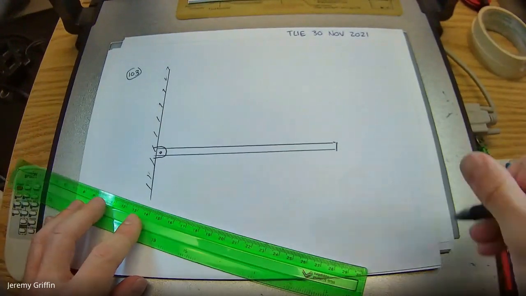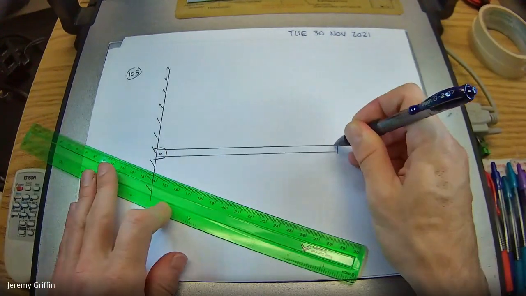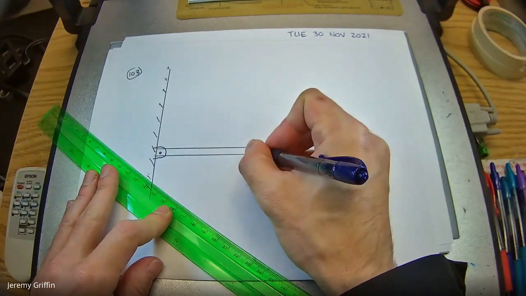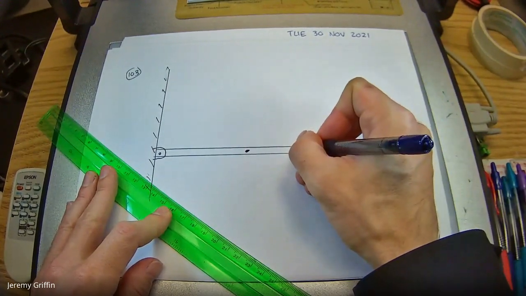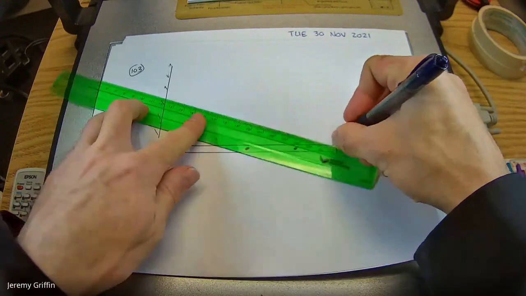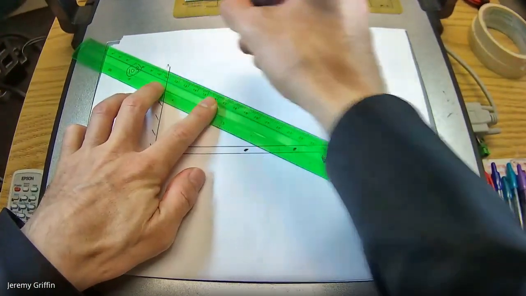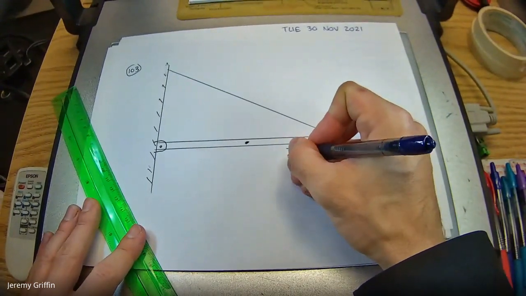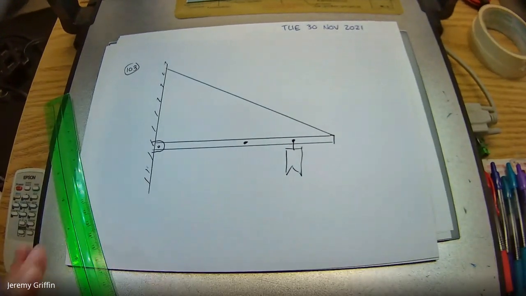The beam has a weight and a center of mass, which is right there. There's a banner some distance out here, and then there's a cable holding this all in check with some tension force. So draw this banner, something like that. That's basically the setup right there.